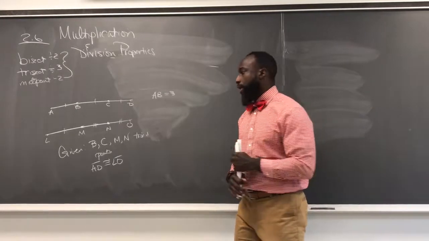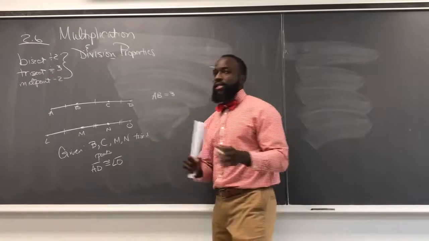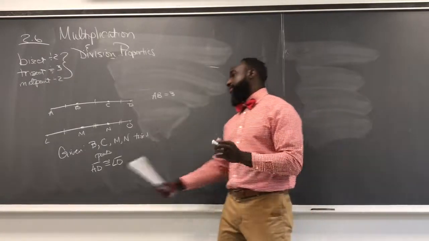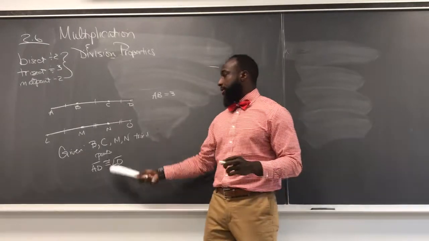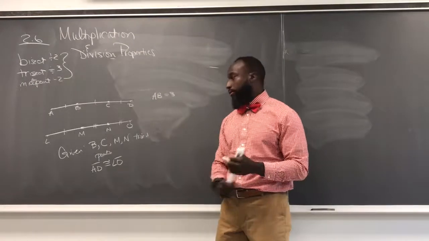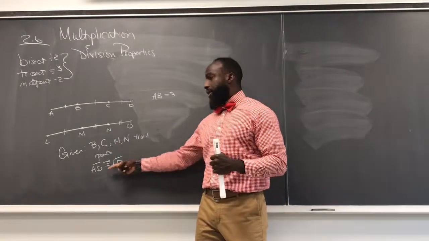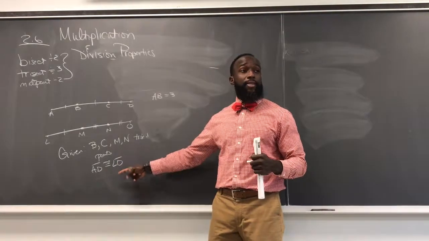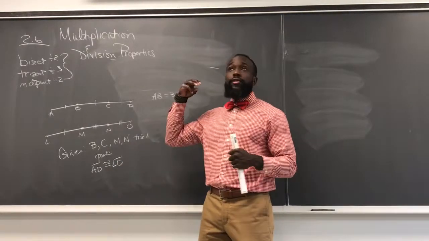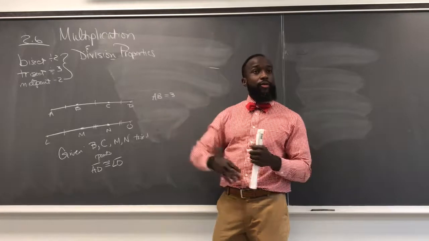Yes. Right? So now, this is an example of division, right? If they said AD is congruent to LO, and these are all trisecting points, that means that between these two segments, you have 2 pairs of 3 congruent segments.